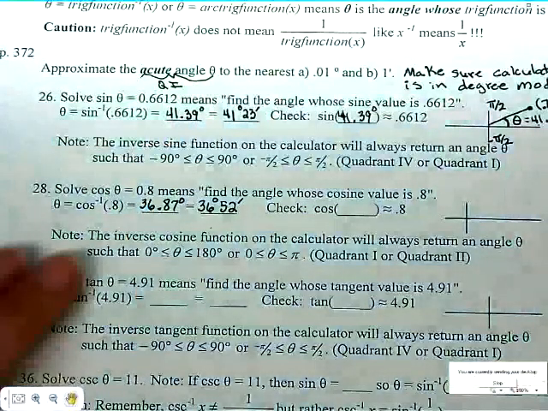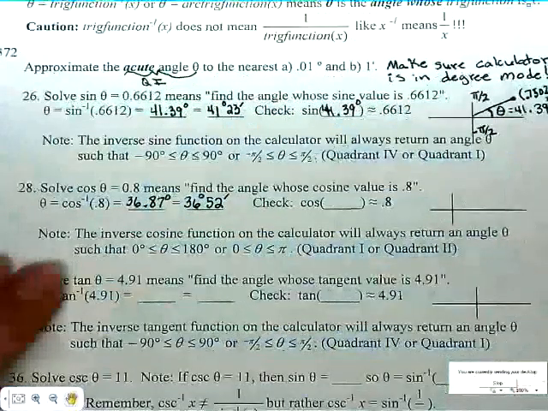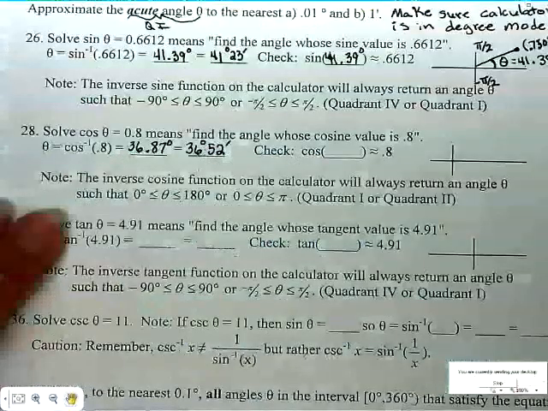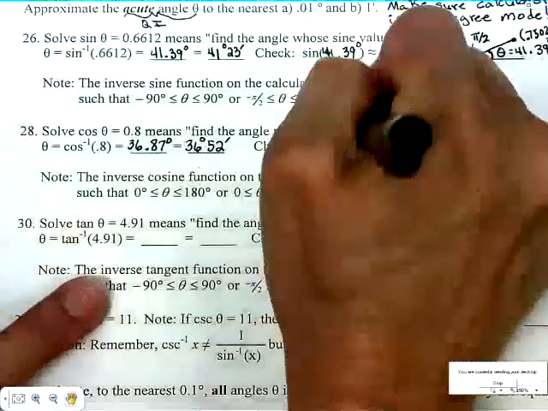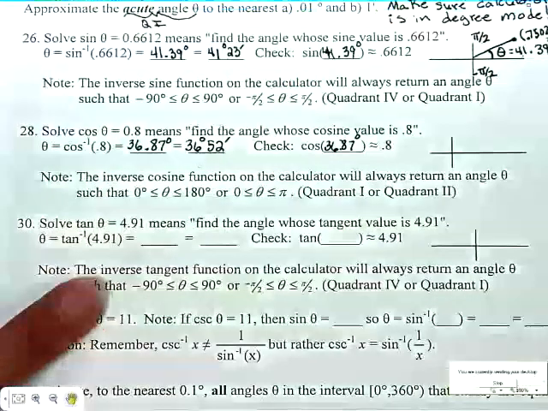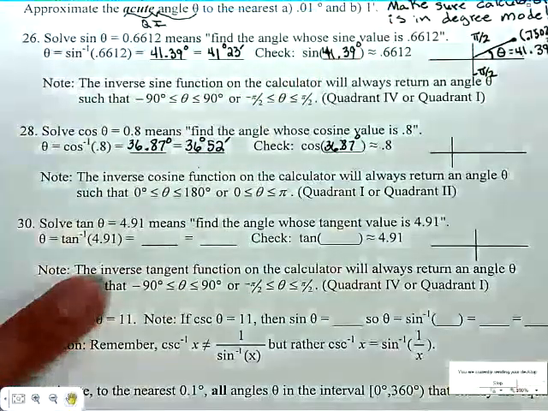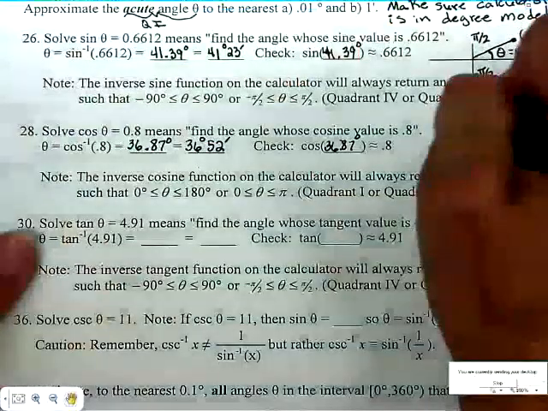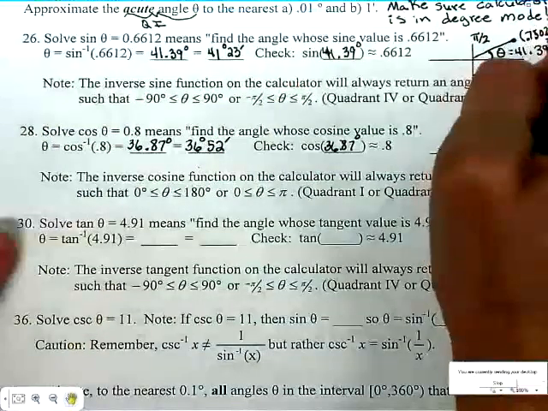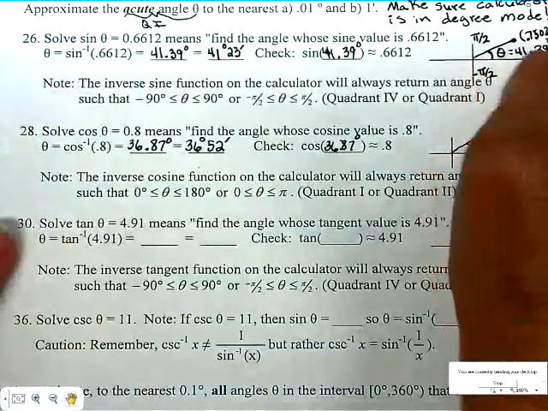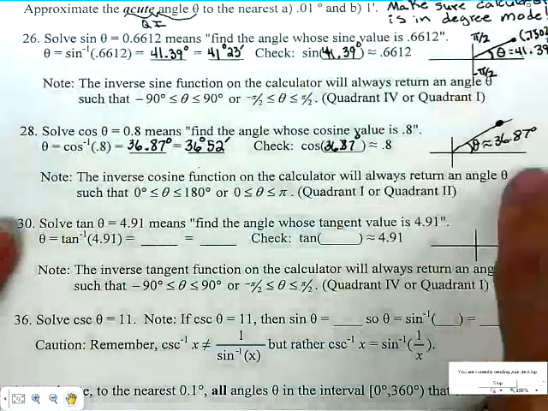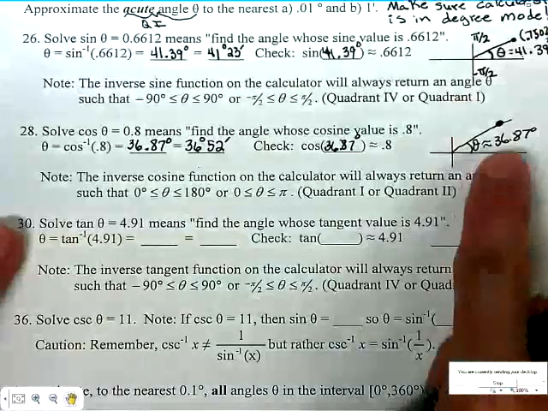Just to make sure that I understand what inverse cosine is giving me, I can take the cosine of this 36.87 degrees, and it better give me back the 0.8. So there's this angle in the first quadrant that's about 37 degrees, and there's a point on the unit circle corresponding to that angle whose cosine is 0.8.